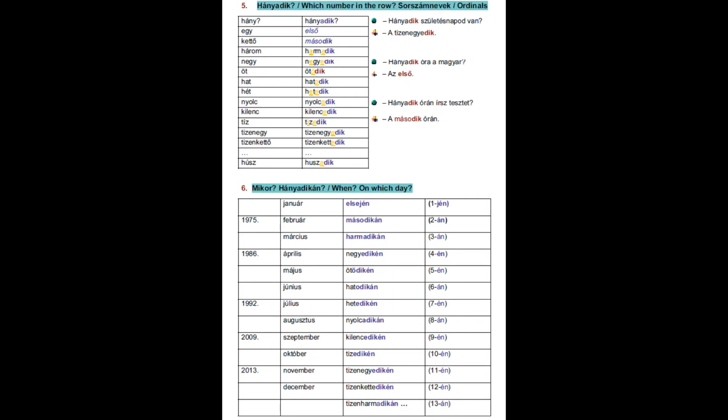Július 7-én, on July 7th. Augusztus 8-án. Because what is the 8th? Can you say what part of that word means the 8th? Yes, 8 is the 8th. So what is on the 8th? Can you say it? 8-án. Very good. On the 8th.